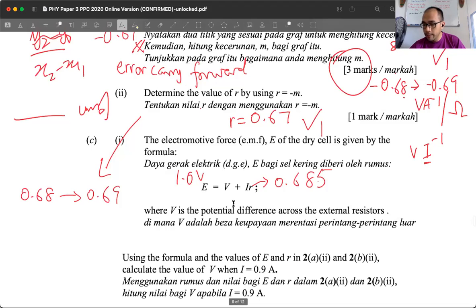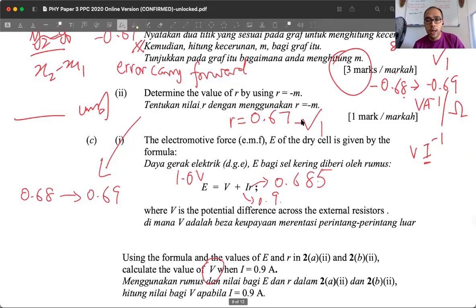Okay. Let's say I use 0.685. Okay, calculate the value of V when I equals to 0.9. So, most people didn't get this wrong. Okay, they use the values of E, I and R correctly. For B2, need to put unit.